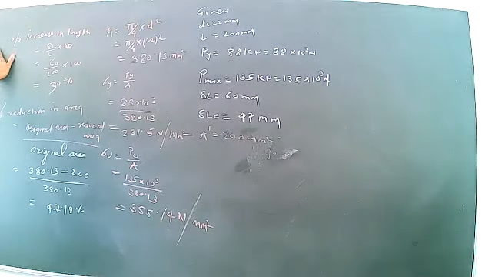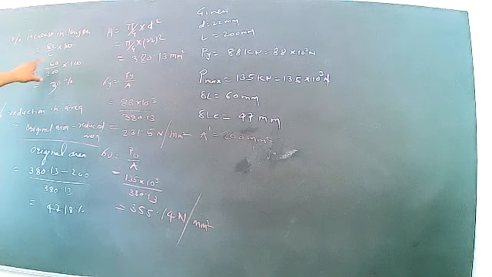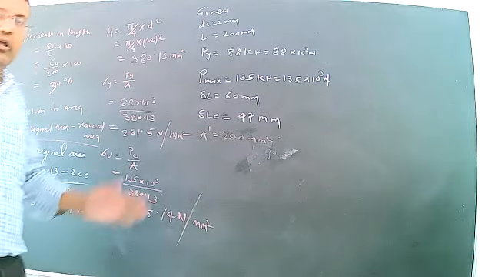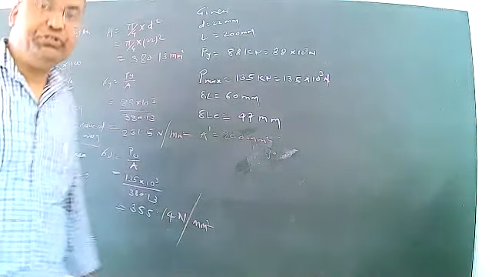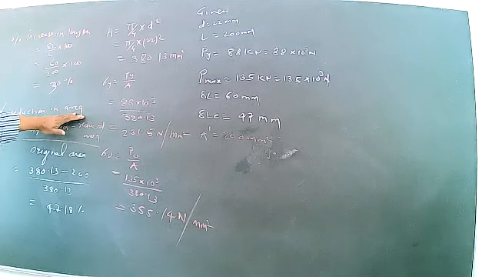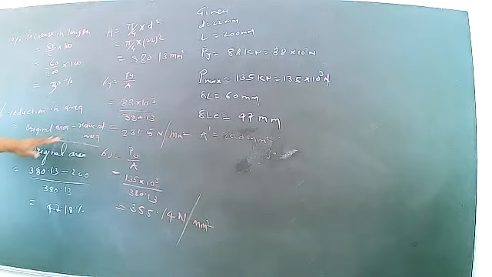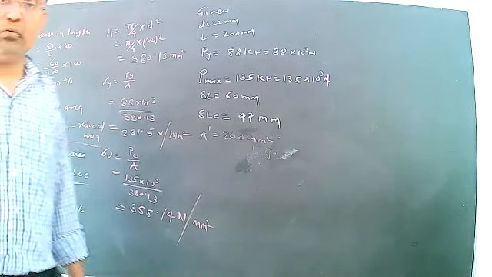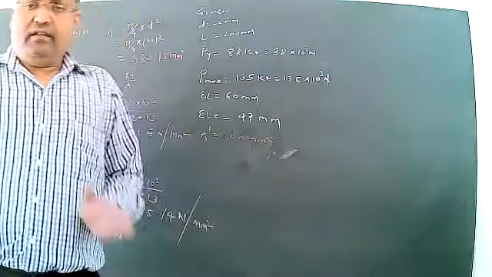Then calculate percentage increase in length, delta L upon L into 100. Then we put all these values in that equation. Then percentage reduction in the area. The formula will be original area minus reduced area divided by original area.